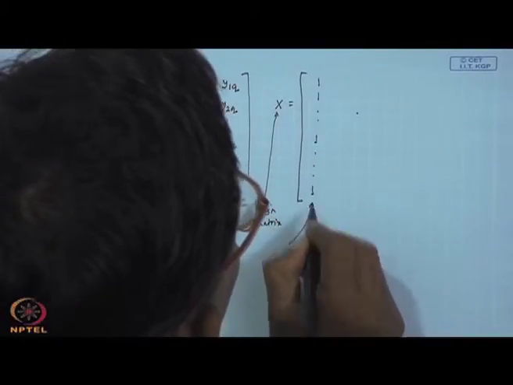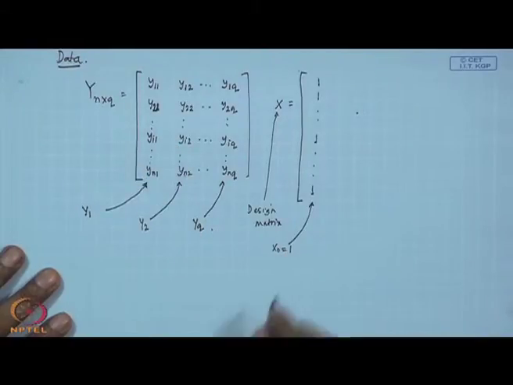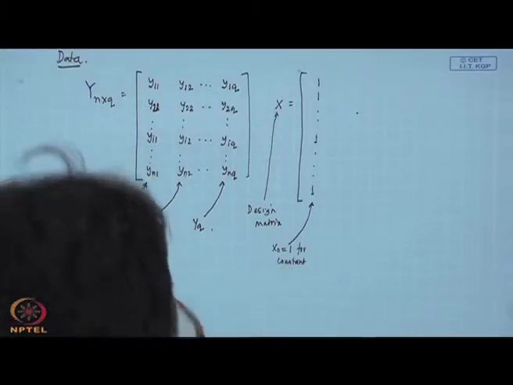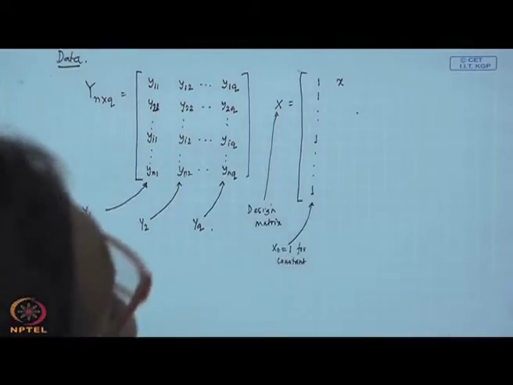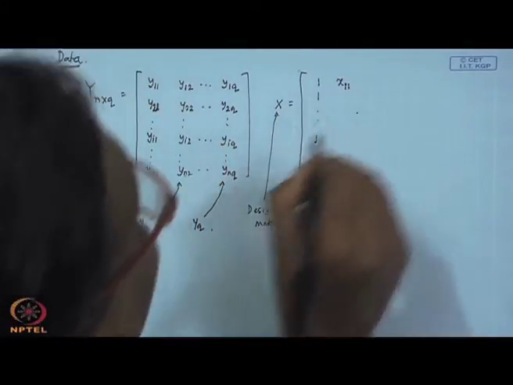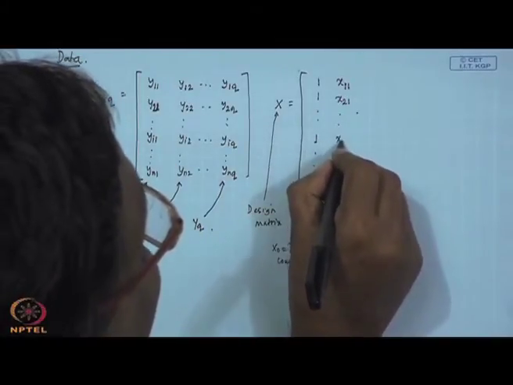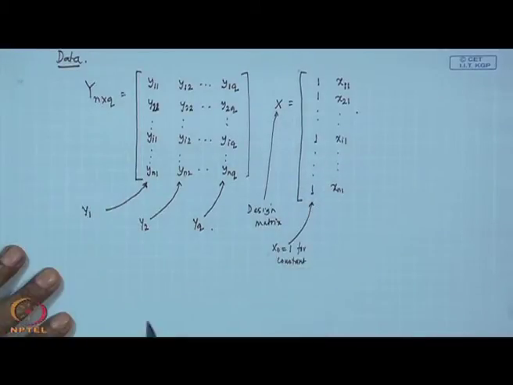So, this is the x0 part equal to 1, for the constant. Then I will come to the second one, x variable: observation 1 on variable 1, observation 2 on variable 1, observation i on variable 1, then observation n on variable 1.